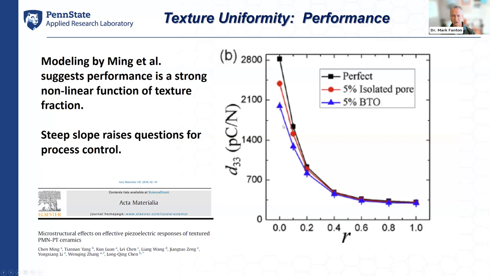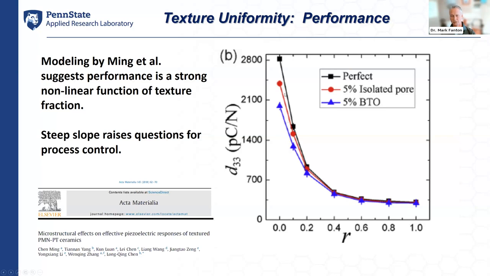And they modeled a couple of different types of materials here, one being perfect material, some with isolated pores, and some with barium titanate templates present. This is all binary PMN-PT ceramic, but the trend is the one that concerns us from a manufacturing point of view. If we're trying to reach very high displacement coefficients, we need to have a very high texture fraction.